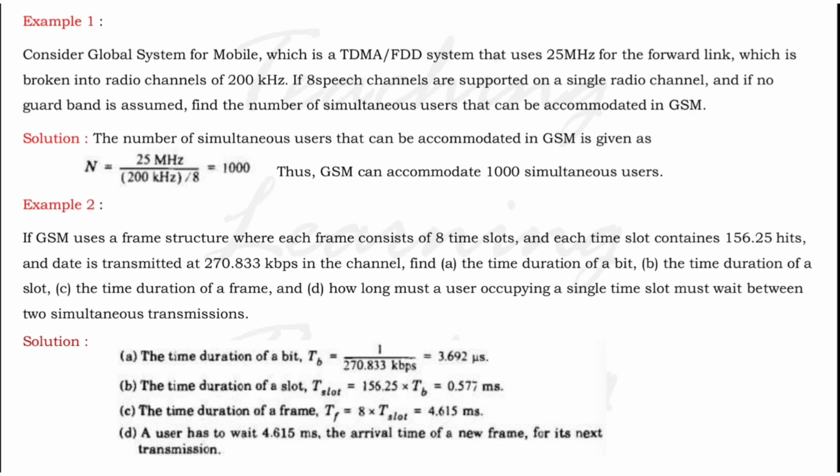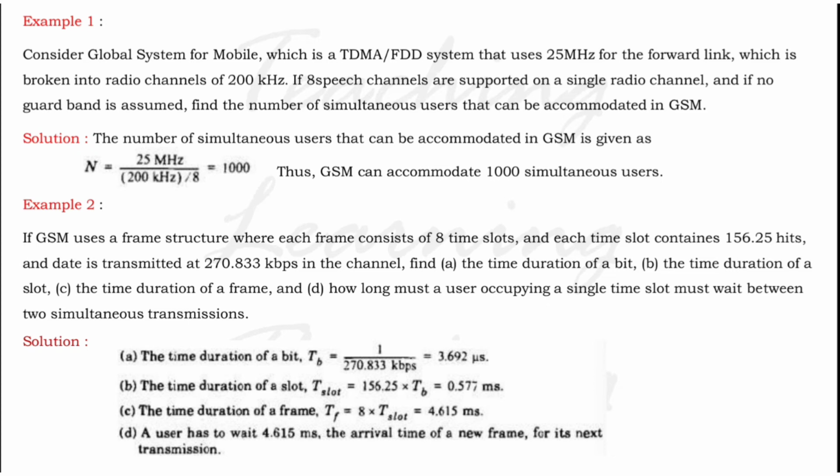First example: consider the Global System for Mobile, which is a TDMA FDD system that uses 25 MHz for the forward link, which is broken into radio channels of 200 kHz. If 8 speech channels are supported on a single radio channel, and if no guard band is assumed, find the number of simultaneous users that can be accommodated in GSM.